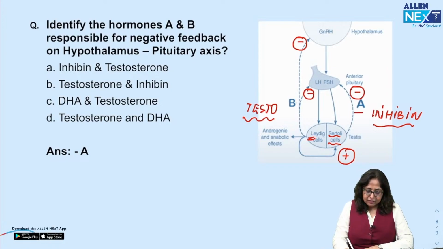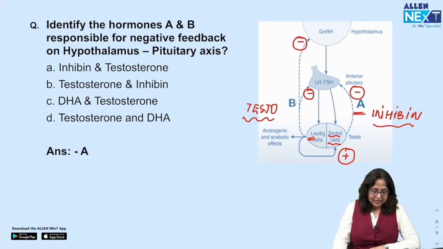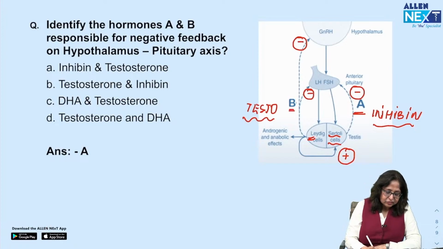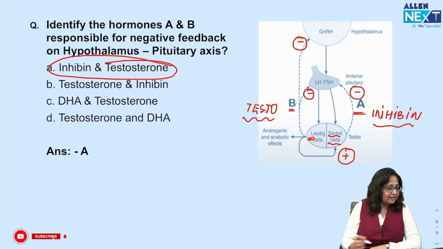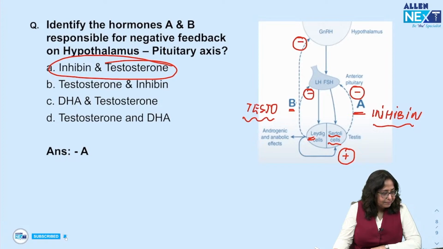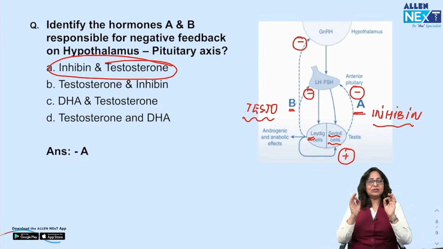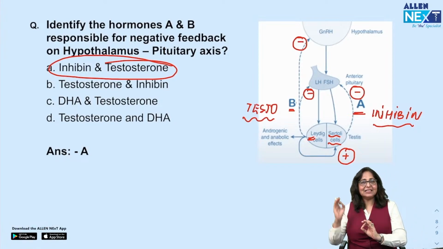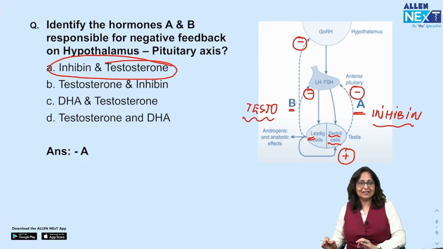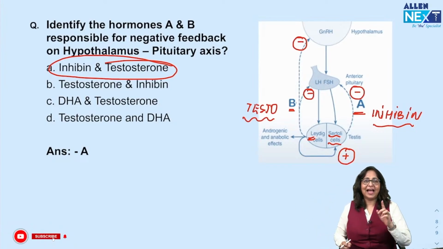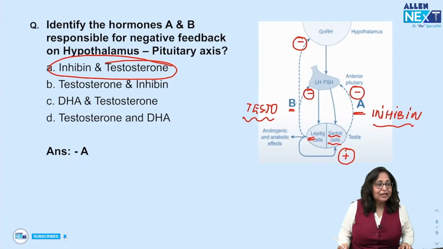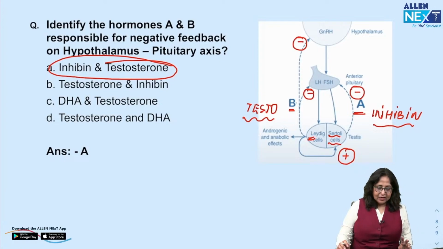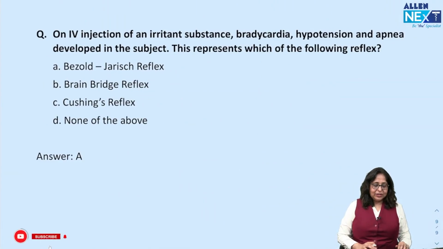So the answer here, if A is given on the right side, is inhibin and B is testosterone. Remember, LH receptors on Leydig cells, FSH receptors on the Sertoli cells. Sertoli cells secrete inhibin and the Leydig cells will secrete testosterone. All right, let's look at the next question.